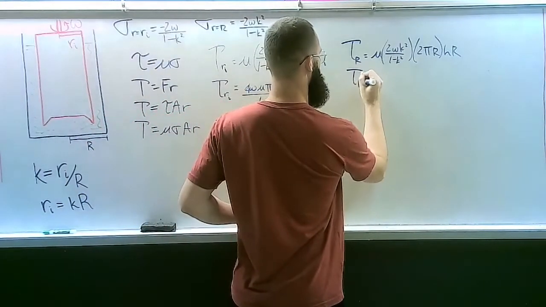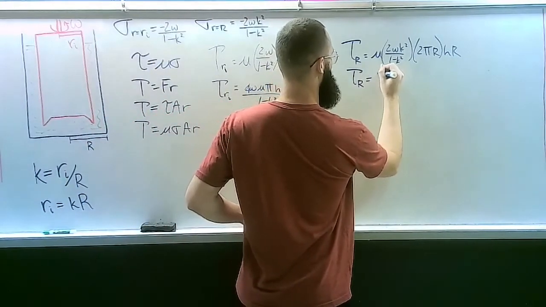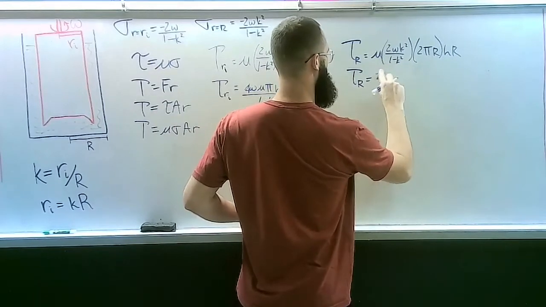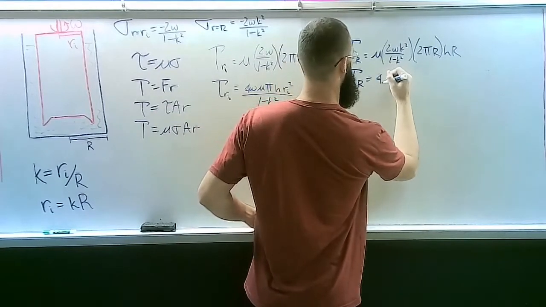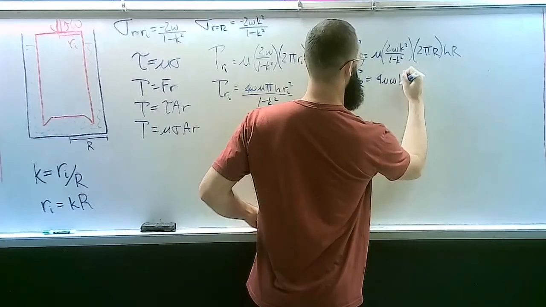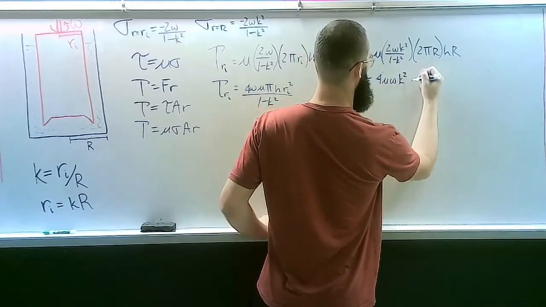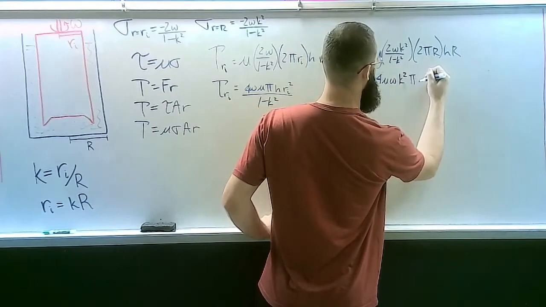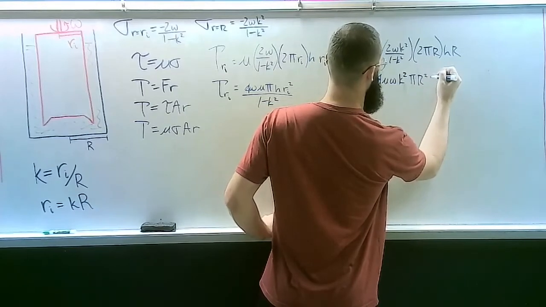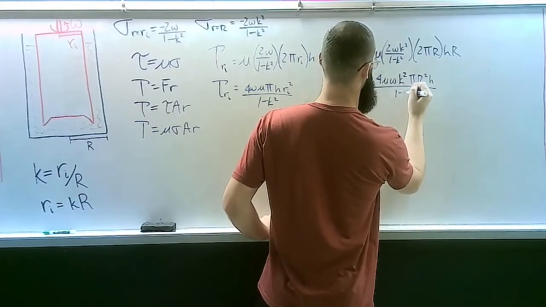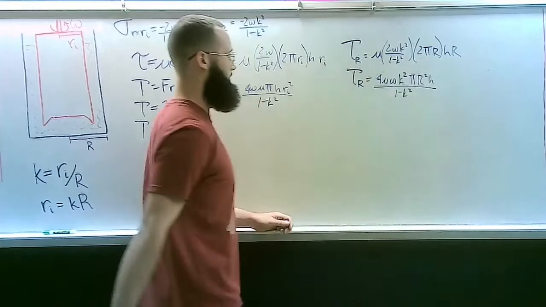So some more simplification gives us 4 times mu times omega k squared pi r squared h over 1 minus k squared.